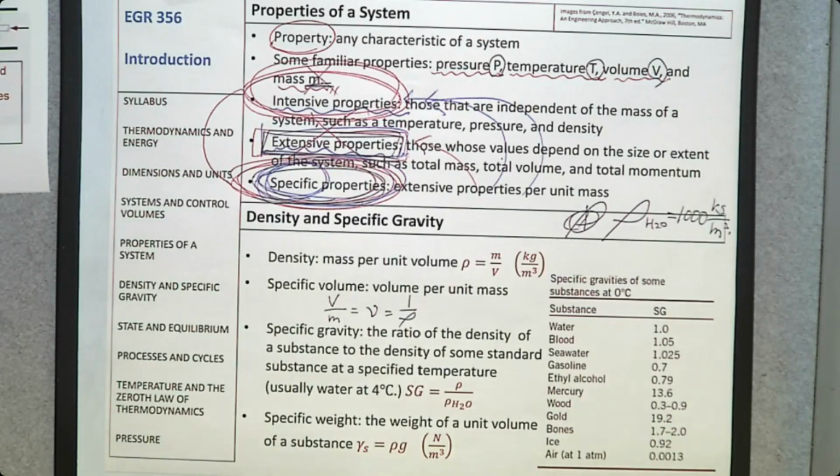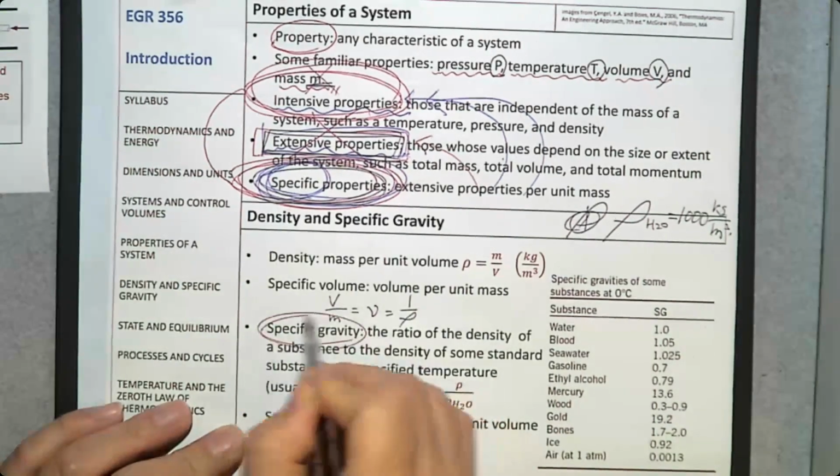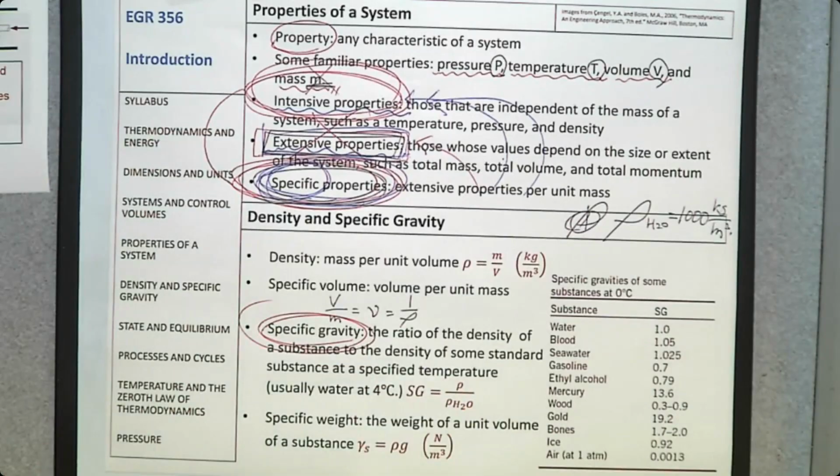And the next one is specific gravity: the ratio of the density of a substance to the density of some standard substance, not the sum. What is the standard substance? Water. Why water? Because water density is pretty simple: 1,000.